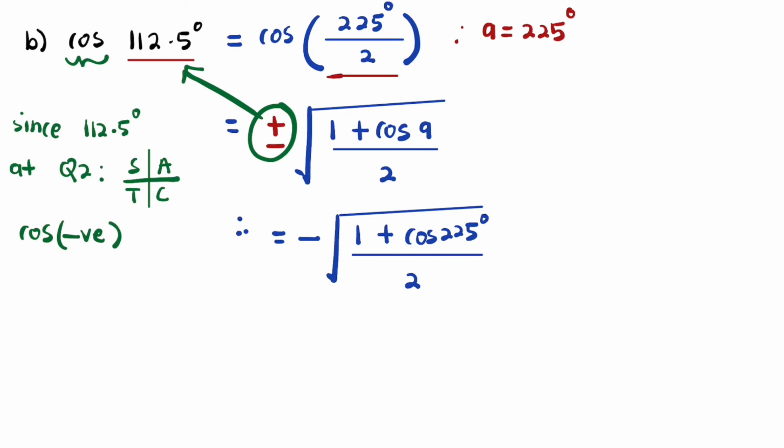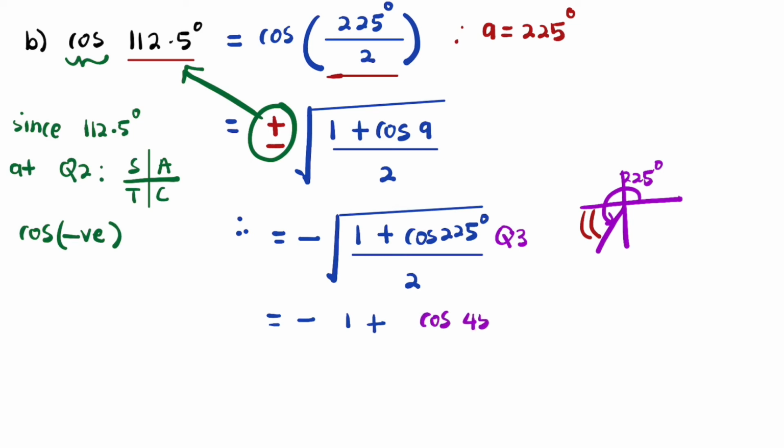So your reference angle, what you can do is, cosine 225 is equivalent to negative, because your 225 falls on quadrant 3. So in quadrant 3, over here, this is 225 degrees. How to find your reference? You need to minus 180. So what's left is cosine 45 degrees.